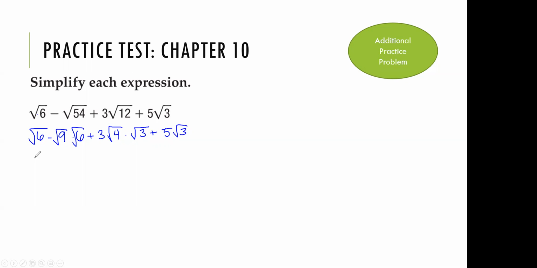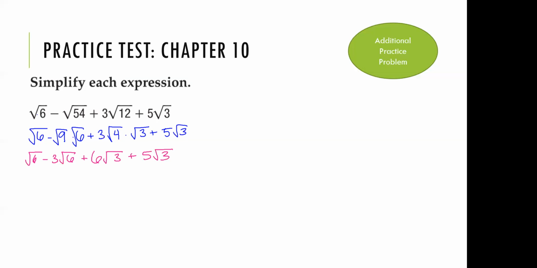Okay, so what I have now is the square root of 6 minus the square root of 9, which is 3, times the square root of 6, plus 3 times 2, right? The square root of 4 is 2. So that would be 6 times the square root of 3, plus 5 times the square root of 3.